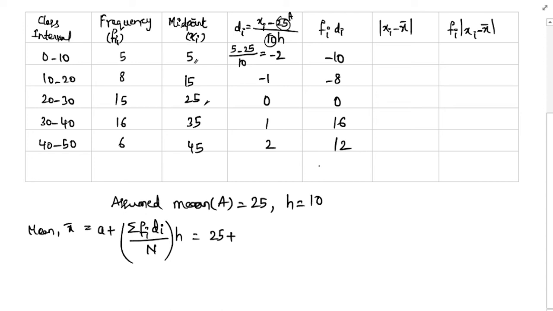Before that we have to find the summation of this. So summation of fi is equal to n, so this summation is 50, and summation of fi di is 10. Now we have to substitute these values here. So it is 25 plus 10 by 50 into 10.